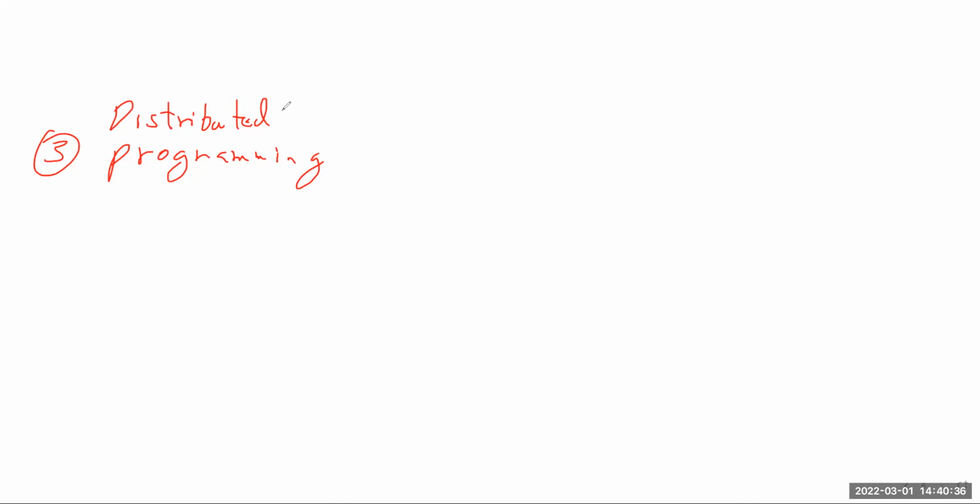Now the program, when I say the code, it could be a process, right? Remember that a process is just an instance of some software or firmware, right? So it can be any one of those. But the third issue basically with cluster computing that we want to state is that distributed programming is hard, actually.